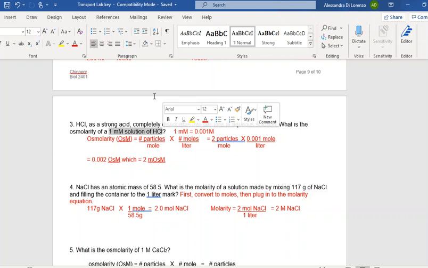As we learned, we have to understand how many particles our compound dissociates into, which in this case is 2 particles. If you can do this directly, very quickly, that's good. You just multiply 1 millimolar times 2, and you'll have 2 milliosmolar.